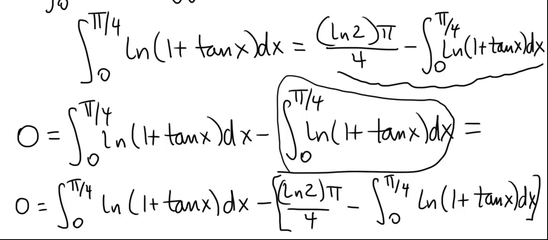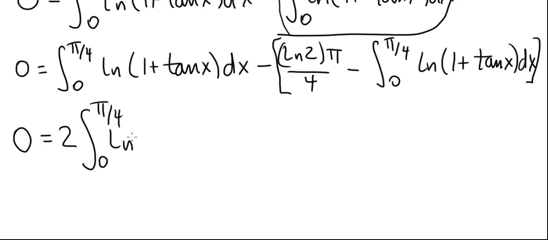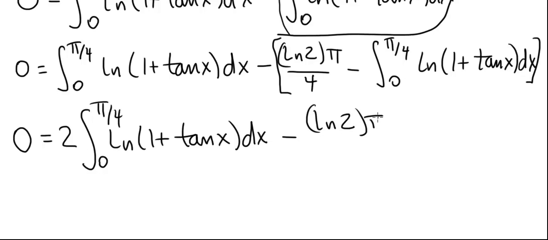Well, the solution is almost there. What we have is minus a minus gives us two of the integrals that we're trying to evaluate. So 0 equals twice the integral from 0 to pi over 4 of natural log of 1 plus tangent of x minus ln of 2 times pi divided by 4.